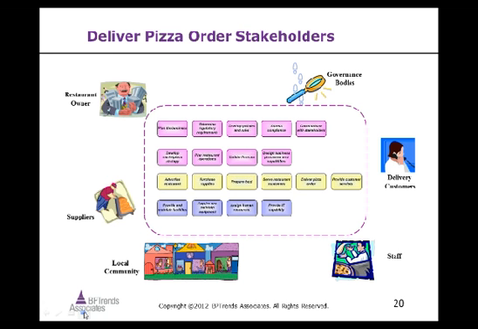So if you recall what we had a moment ago, was an architecture, and we had stakeholders. And I put a little dotted line around this just to illustrate that when we pick one of these processes to work on, for example, deliver pizza order, not all of the stakeholders are involved. But for deliver the pizza order, I have my suppliers who have to provide all the raw materials, the ingredients, and so on, and my delivery customers who receive it.